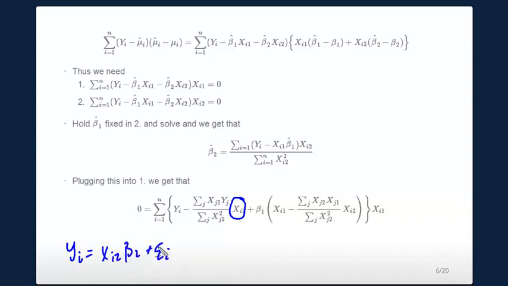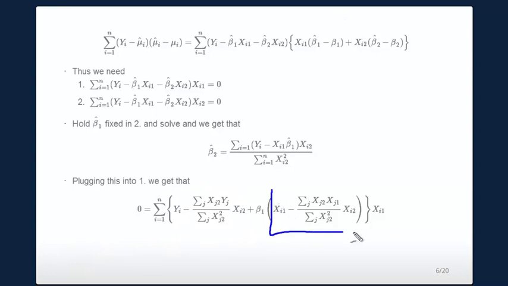So this term is the predicted y from the regression through the origin model with y and just x2. And so this is the residual from the model that only includes yi and xi2 by itself as a regression through the origin.